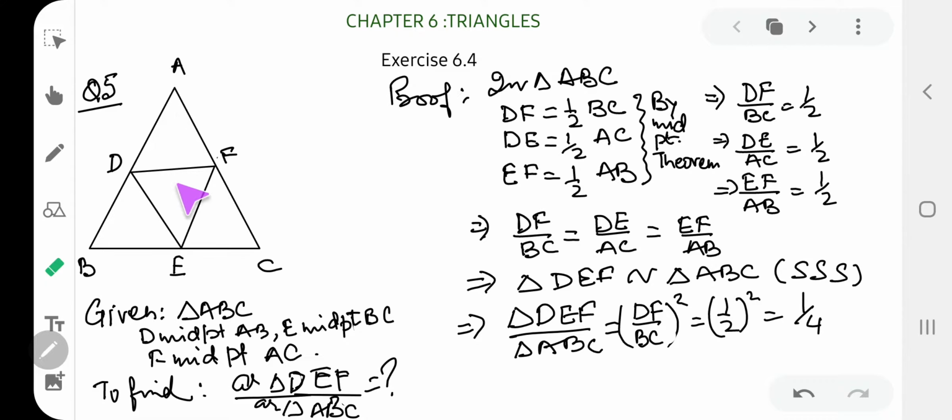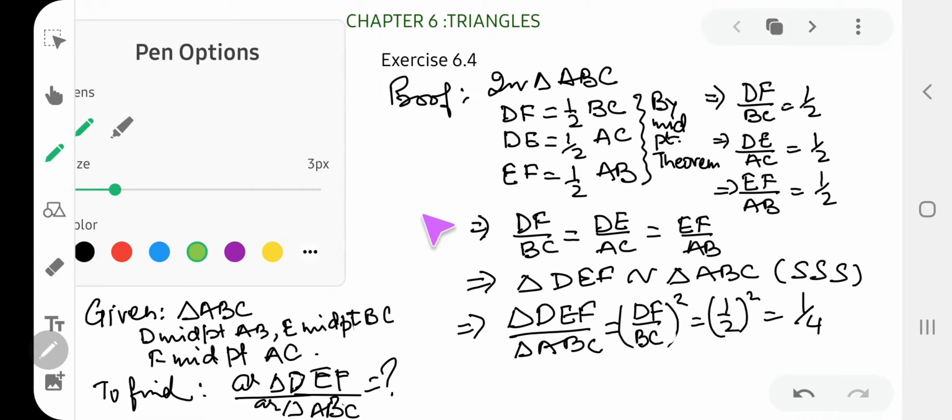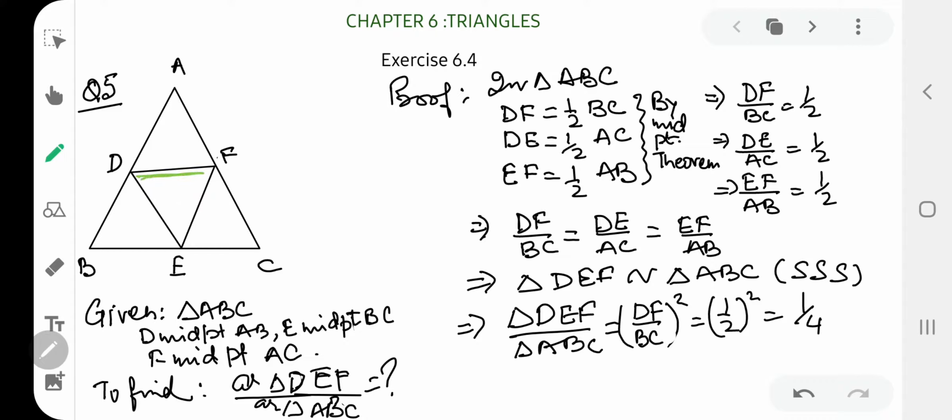You need to find out the ratio of the area of this triangle DEF and triangle ABC. The ratio of the area of these two triangles you need to find out.